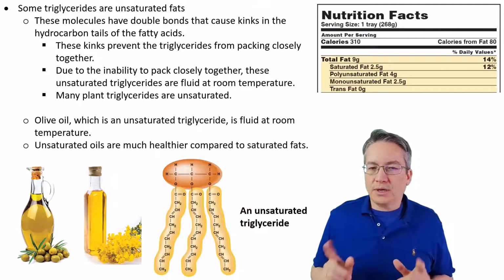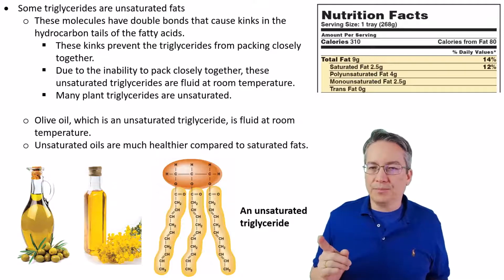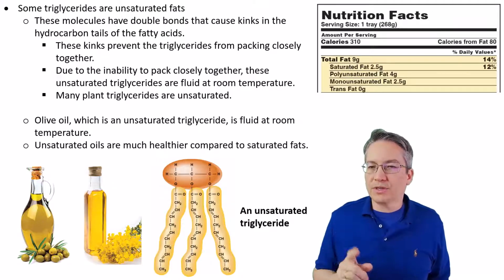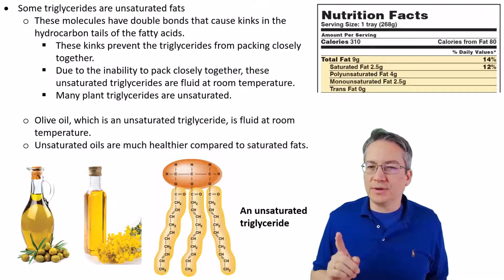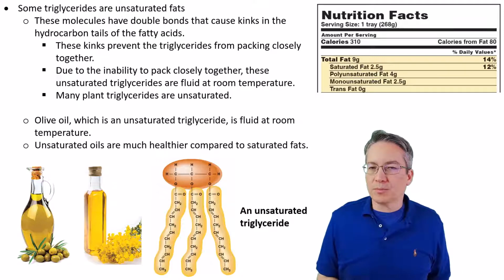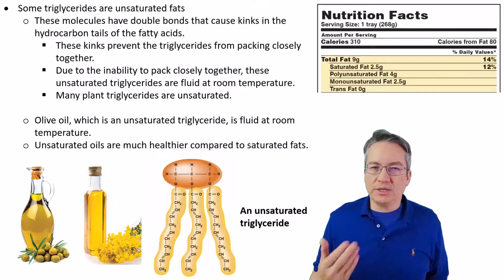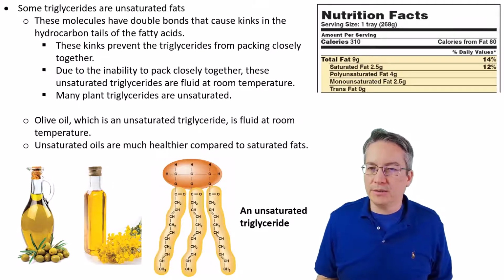I want to just very quickly point out, so that's basically all I really wanted to talk about. But we've talked about saturated fats. So you can see the nutrition label here. I don't know what this product is for, but it says total fat, and 12% of that is saturated fat. And presumably some other percentage would be the polyunsaturated fat. Poly simply means many, so there is more than one region where there's a double bond or a kink in the fatty acid tail.